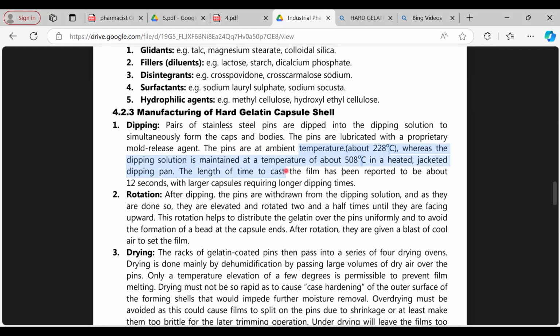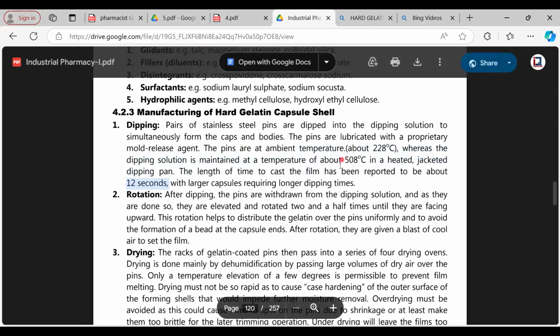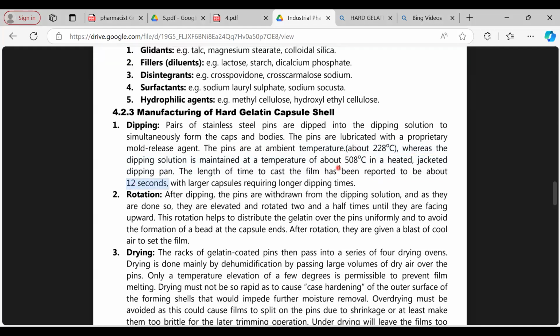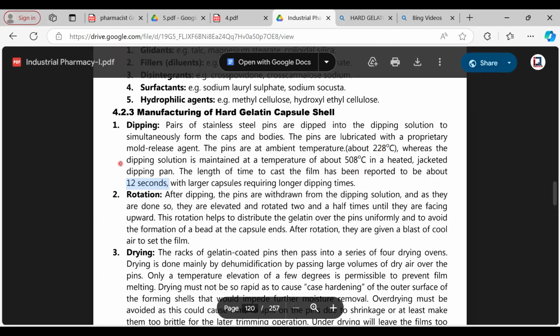The time of casting the film is just 12 seconds. So we are dipping for just 12 seconds and note the point, gelatin temperature and the pins temperature are different. Pins are cooler than gelatin.